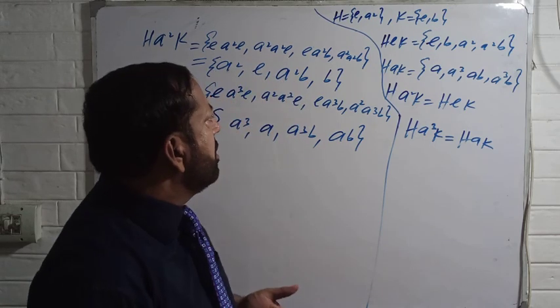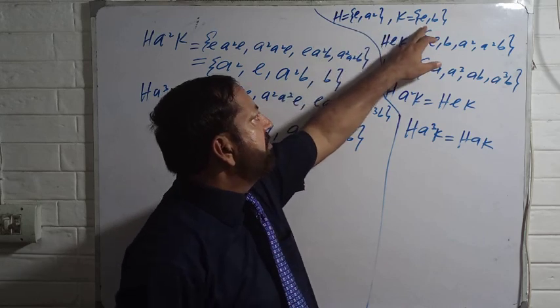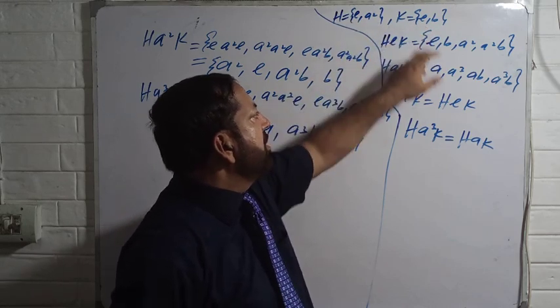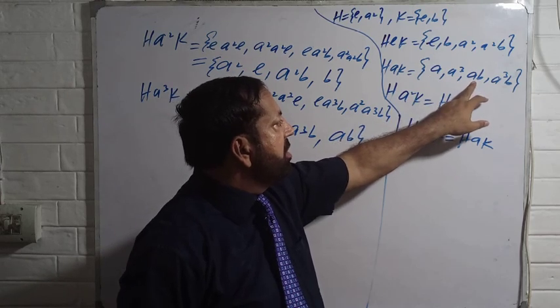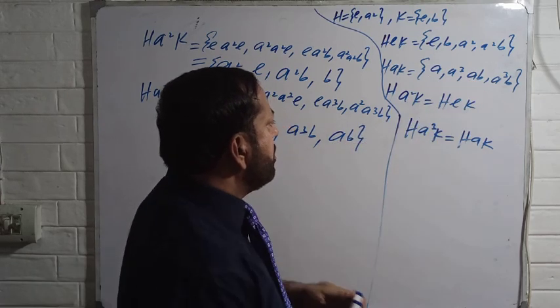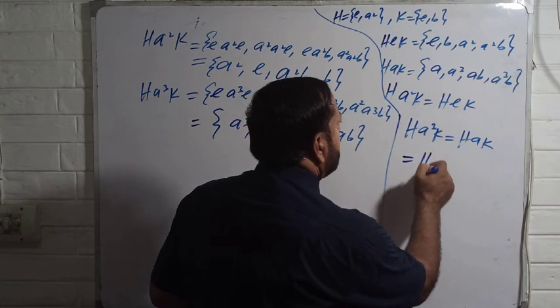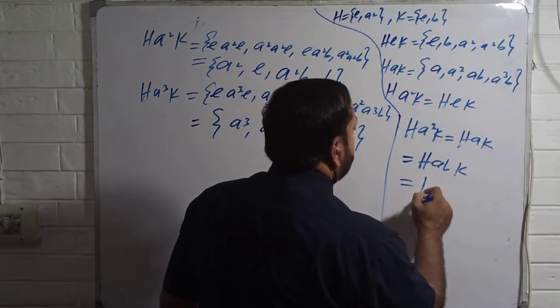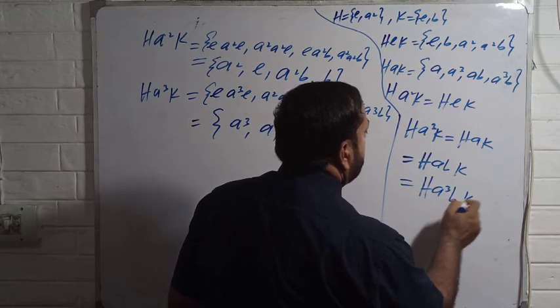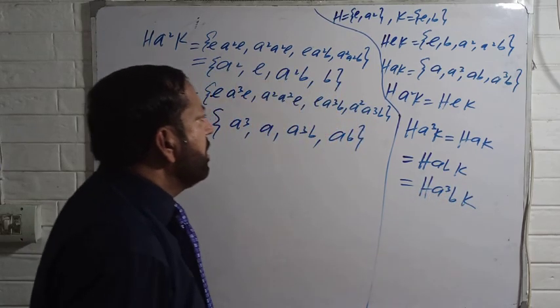Since there are identity elements from both H and K, the first element will remain the same. So I deduce that this is also equal to H A B K, and this is also equal to H A cube B K, right?